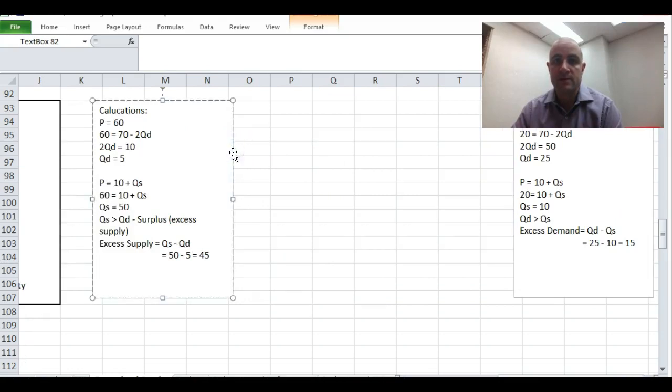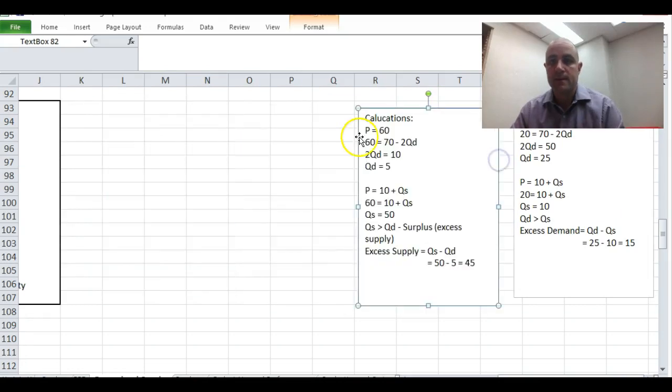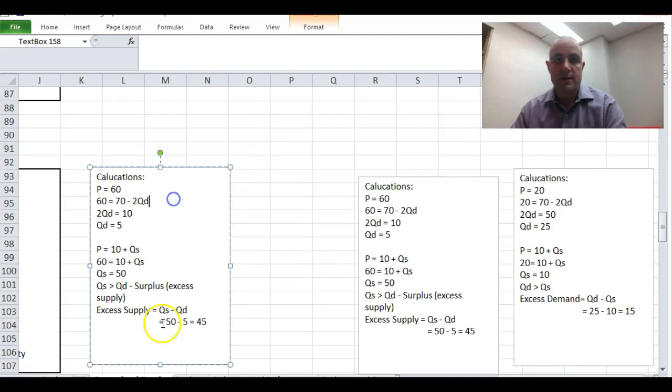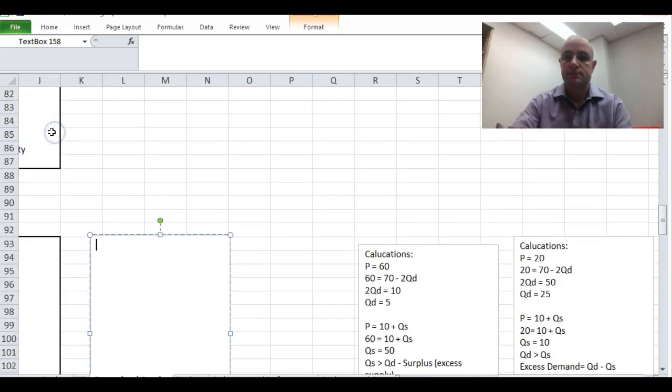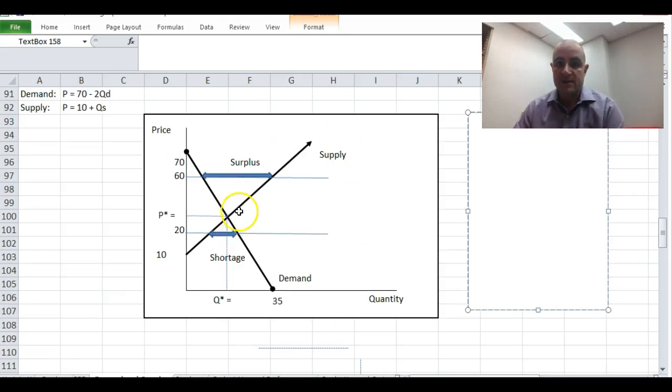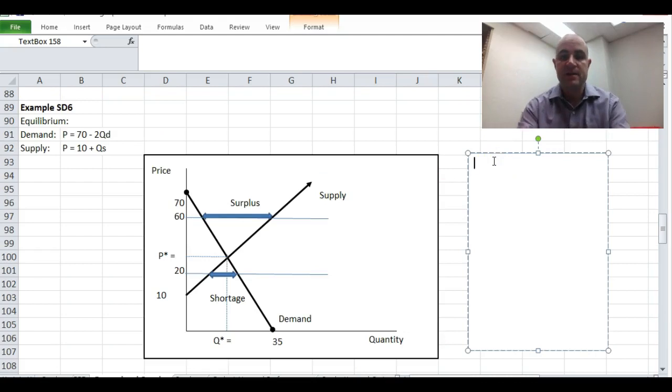Let's bring this over here. So now, our competitive equilibrium is right at this point here. At the equilibrium, what's going to happen? It's the point where our supply is going to equal our demand. So we have our two equations here: our demand equation and our supply equation.